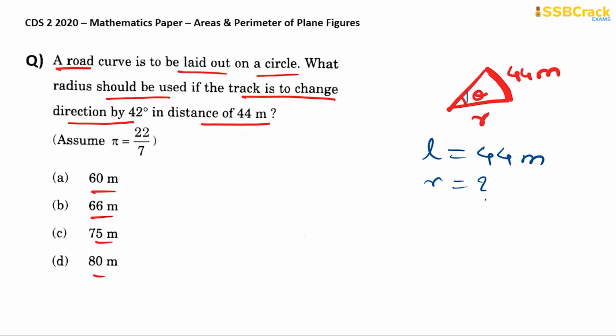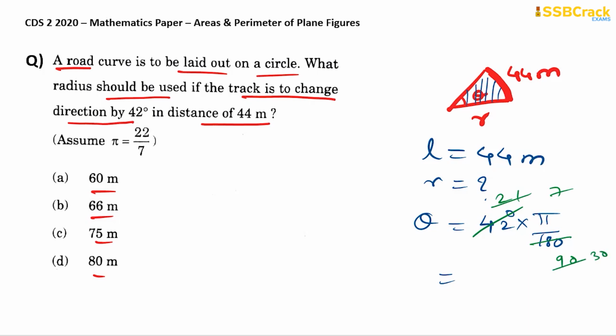You know that for this scenario, theta has to be in radians, but theta is provided in degrees. So we shall convert this degrees into radians by multiplying pi upon 180. So we could see that on simplification of this we are getting 7 pi upon 30 as the theta value.